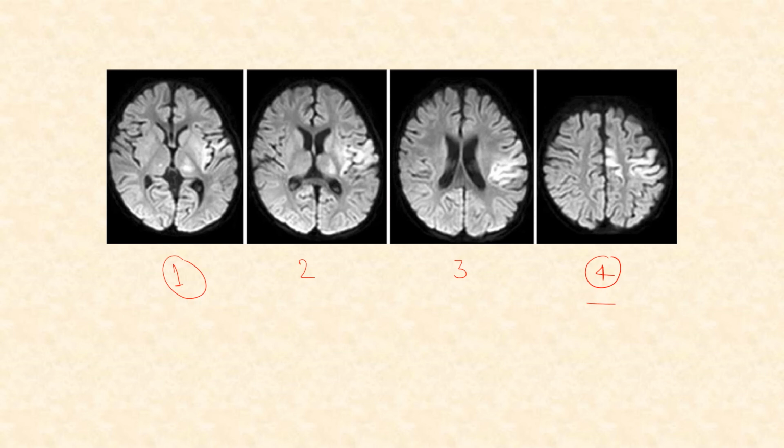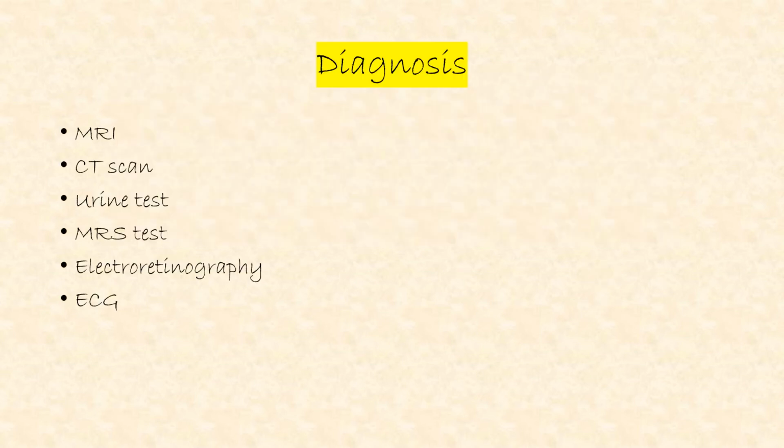And you will wonder, by which technique and procedure can we identify this disease? Here are some techniques: MRI, which means magnetic resonance imaging, and the CT scan, which means computerized tomography.